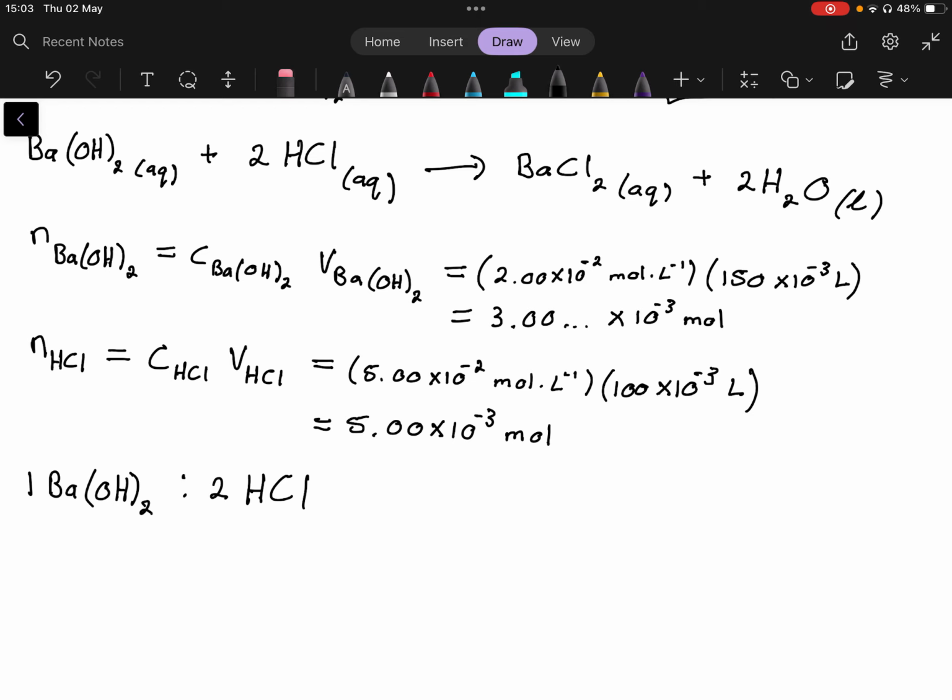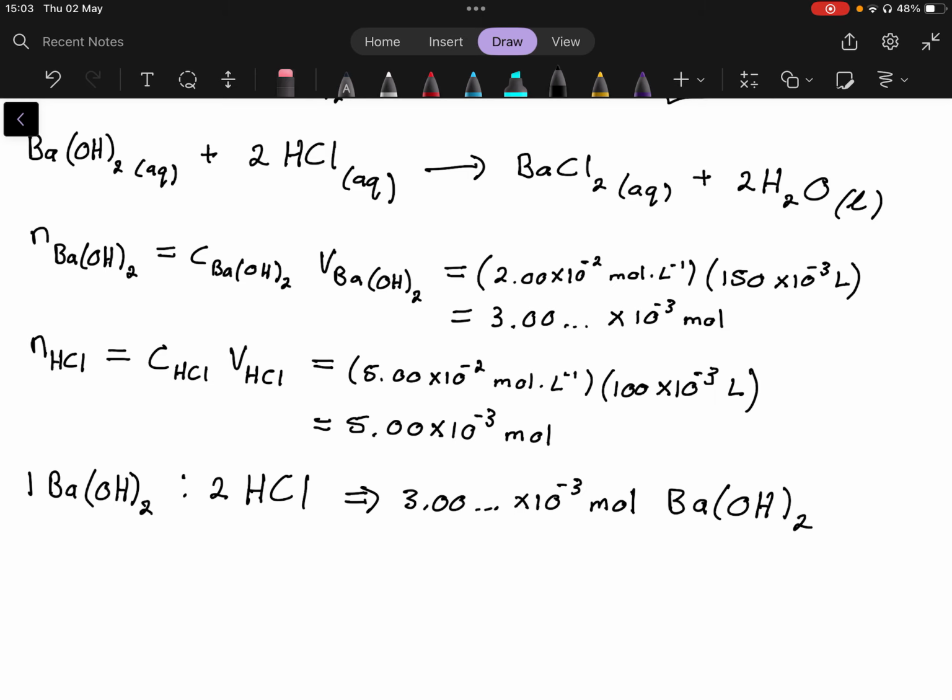So let's plug one of these in. For example, we know we have 3 times 10 to the negative 3 mole of barium hydroxide.